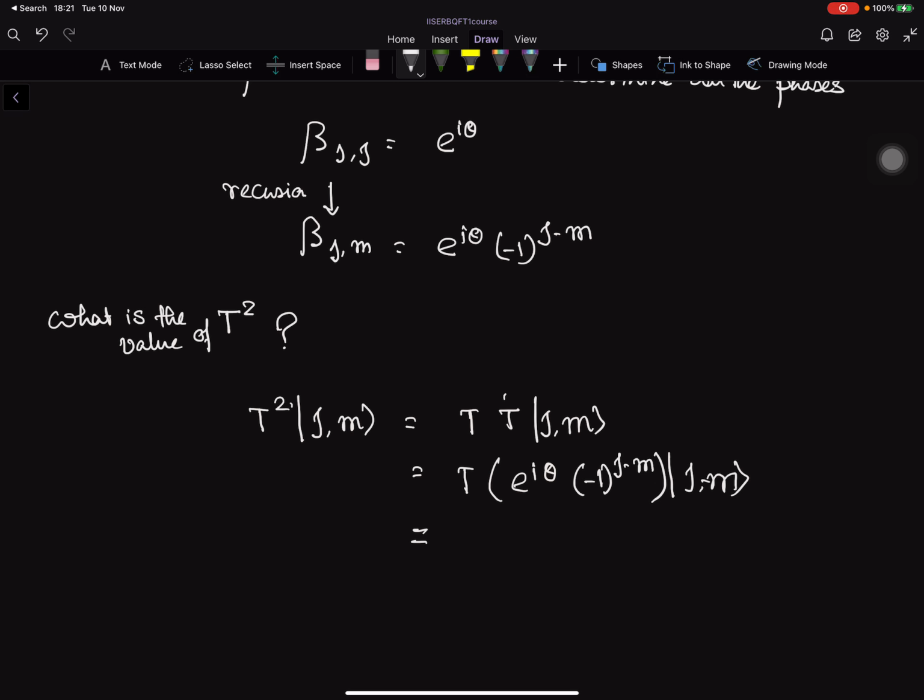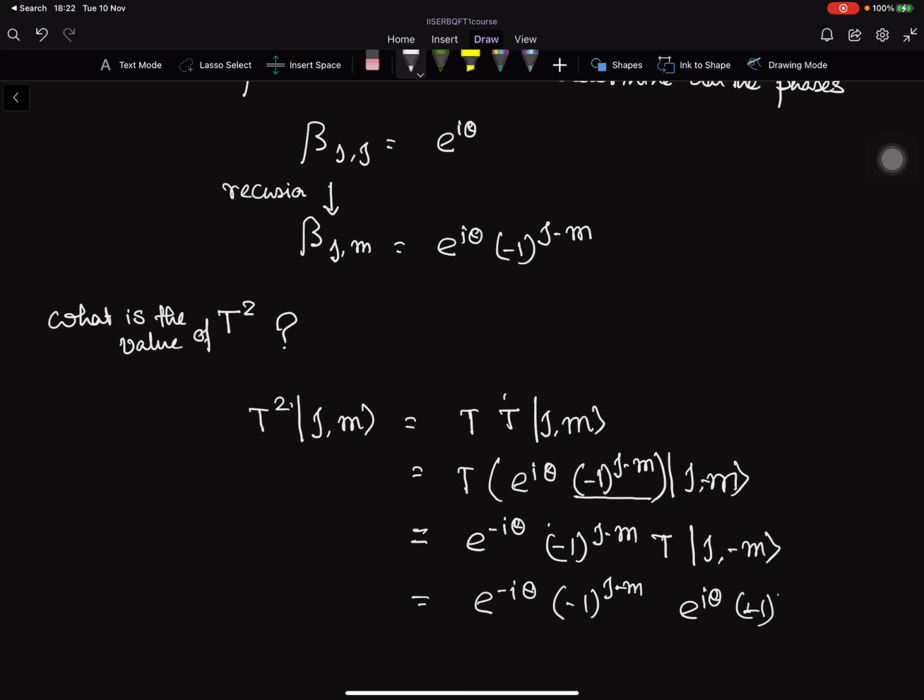Now note one thing, that minus 1 to the power j minus m is always a real number. Given that, and T is an antilinear antiunitary operator, this becomes minus 1 to the power j minus m, exponential minus i theta, and then T acting on |j, minus m>, which is exponential i theta times minus 1 to the power j plus m.